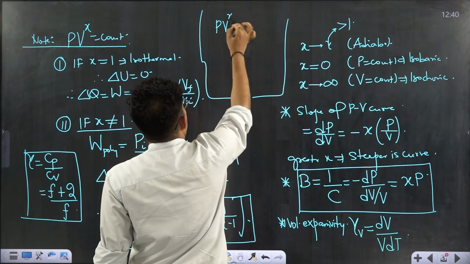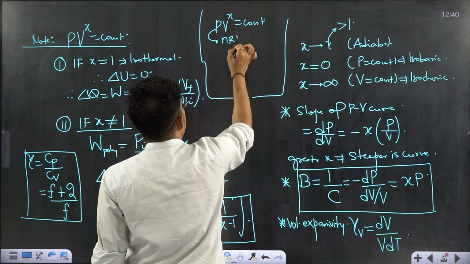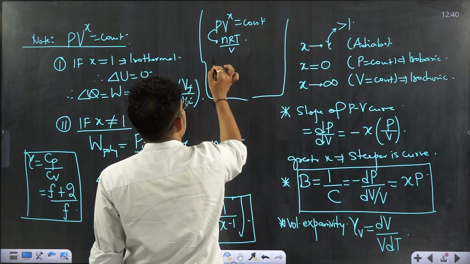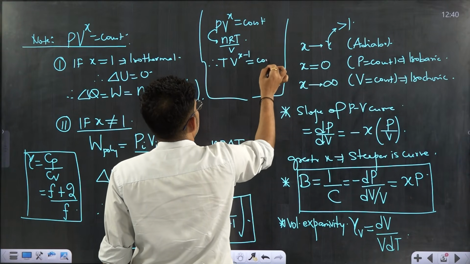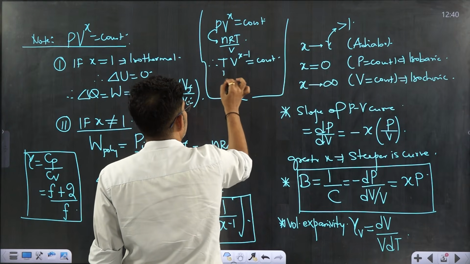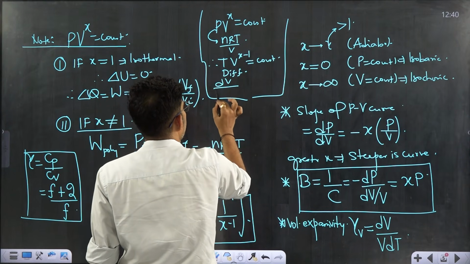If PV to the power x is constant, what you will do is just substitute P as nRT by V. So from here we get a relation between T and V, and when you differentiate, we will get the value of dV by V dT.